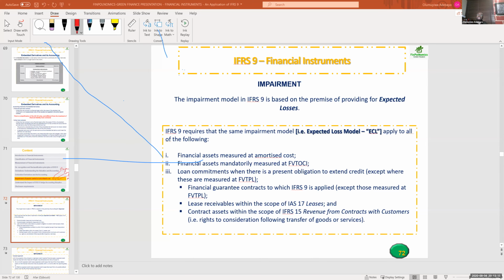All of these are subjected to impairment, which means in a primary sense, when you have bond investment, debenture investment, treasury investment, trade receivables, lease receivables, all of these will be subjected to an impairment test at every reporting date. But when you have equity investment, it will not be subjected to impairment, especially when it is measured at fair value through profit or loss.